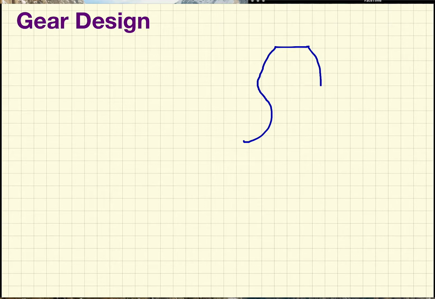So we can look at the profile that is produced by an envelope process that looks like this. And if we look at the geometry, we're going to make a little approximation here.